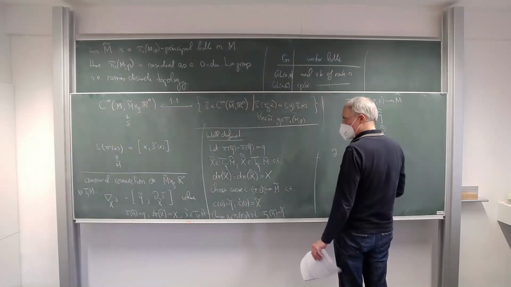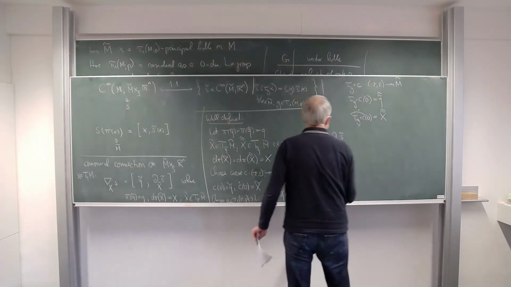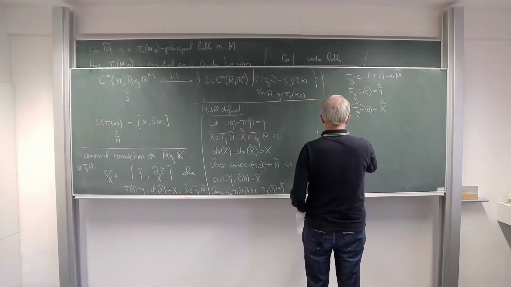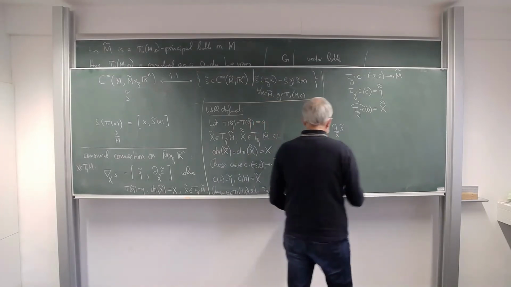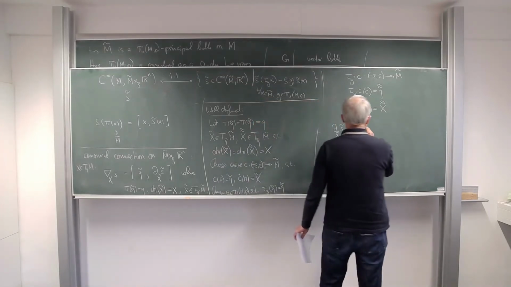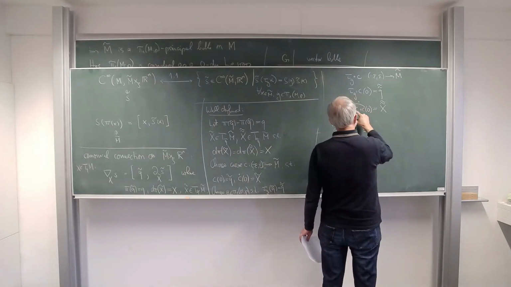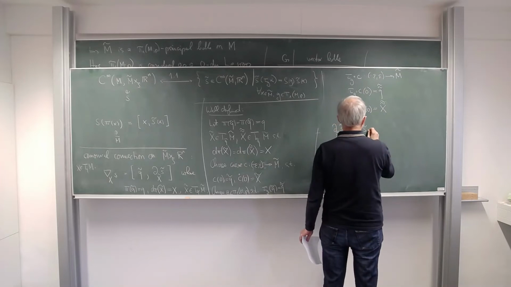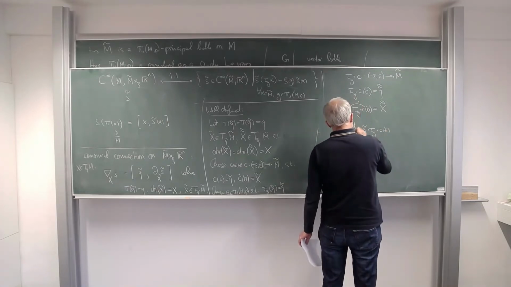And now I can compute this second entry here. If I differentiate my function s tilde in the direction x tilde tilde at the point q tilde tilde, then what is it? I have to take s tilde and insert the curve which gives me that vector, and differentiate.